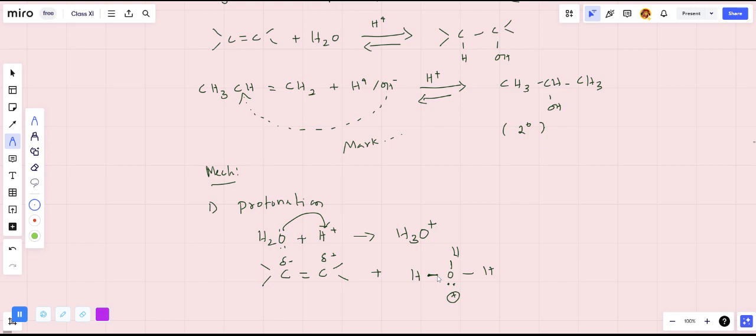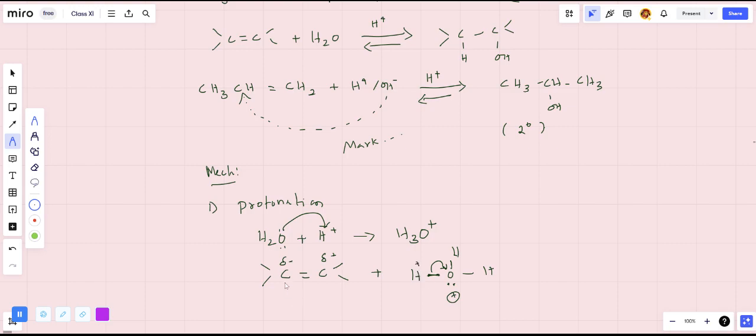One bond means two electrons, so this bond will break and the oxygen will again get two electrons.